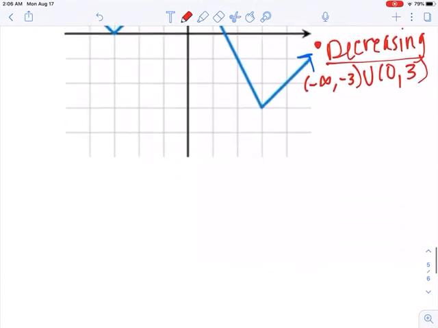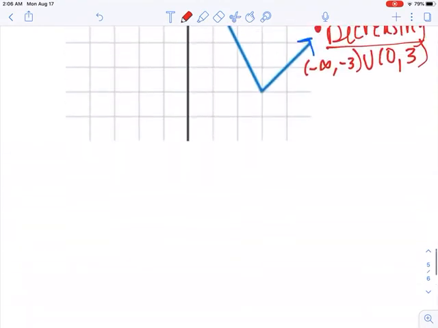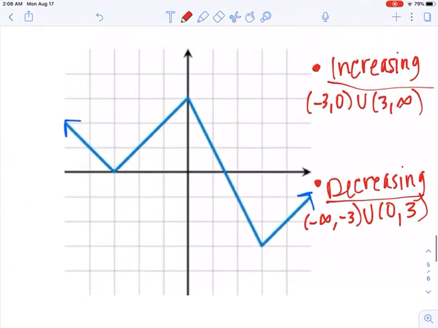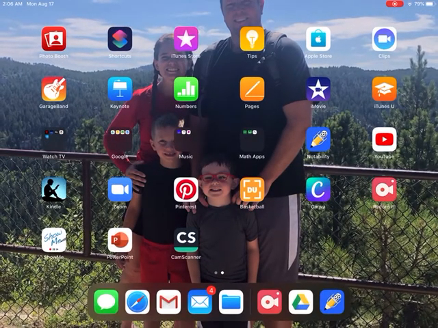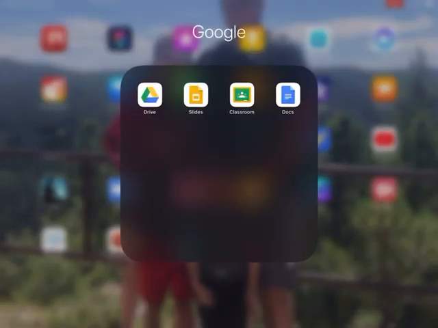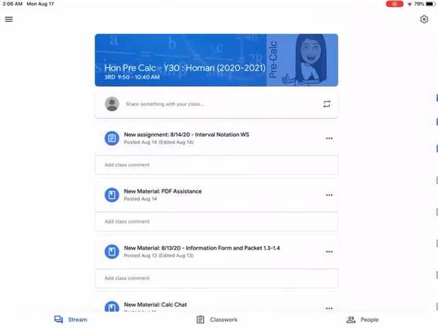Now, I have a couple things I want to talk to you about. So first of all, you have your first book assignment. So what I'd like to do is go into my Google Classroom and show you a couple things.